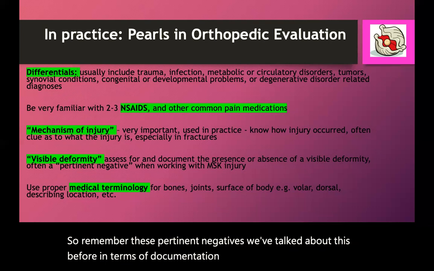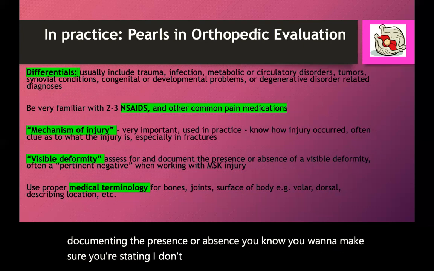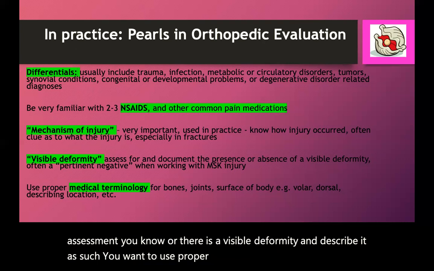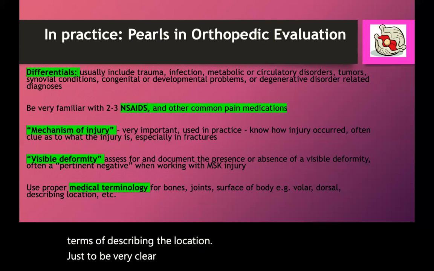You want to make sure you're documenting the presence or absence, stating there's no visible deformity on assessment, or there is a visible deformity, and describe it as such. You want to use proper medical terminology for bones, joints, and the surface of the body, for example volar, dorsal, in terms of describing the location, just to be very clear about where and what you're looking at.